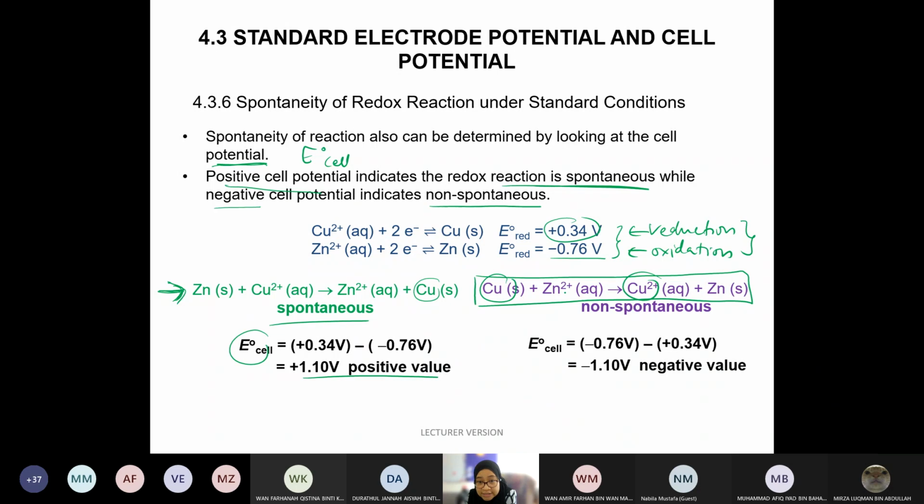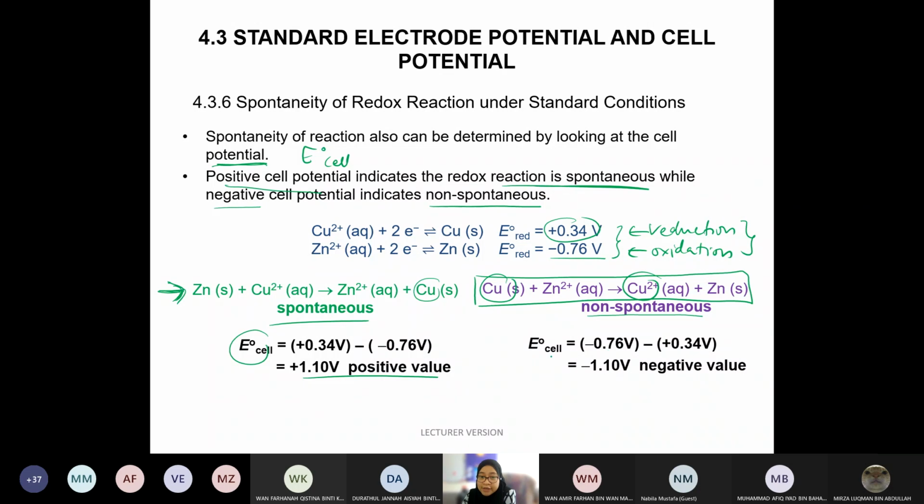So we check. Based on this equation, copper oxidizes to copper 2+, but when we look at the values given, this is opposite to the values given. So we can predict that it is non-spontaneous already.